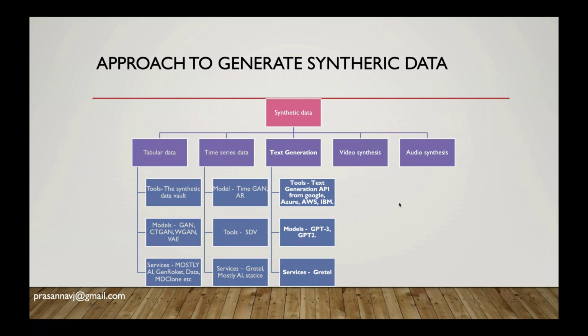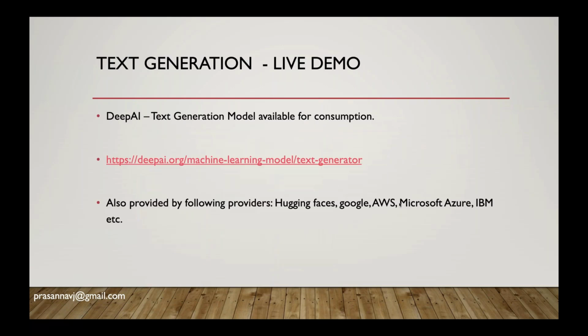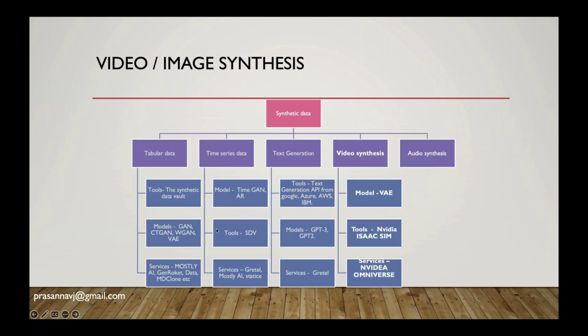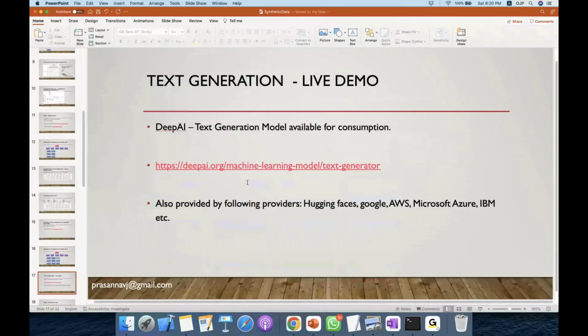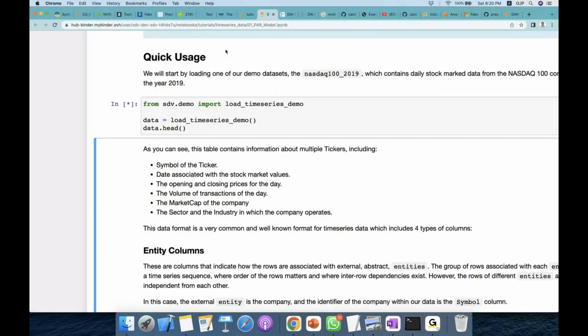So now let's look at how we actually do the textual data generation. There is an API link which can help you do the textual data generation beautifully. Let me take this link and go there and see how we are generating this textual data.